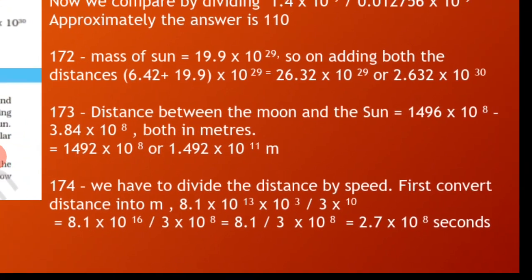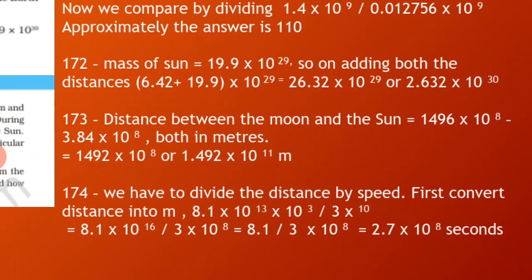So we have to divide the distance by speed, because we need to find the time. So first convert distance into meters. That is 8.1 into 10 raised to power 13 into 10 raised to power 3, because we are changing it into meters, divided by 3 into 10 raised to power 8.